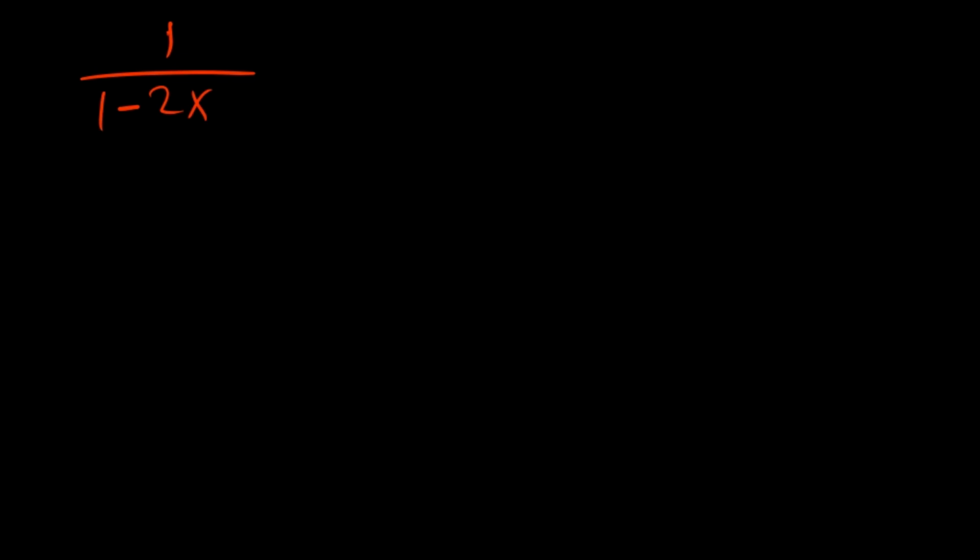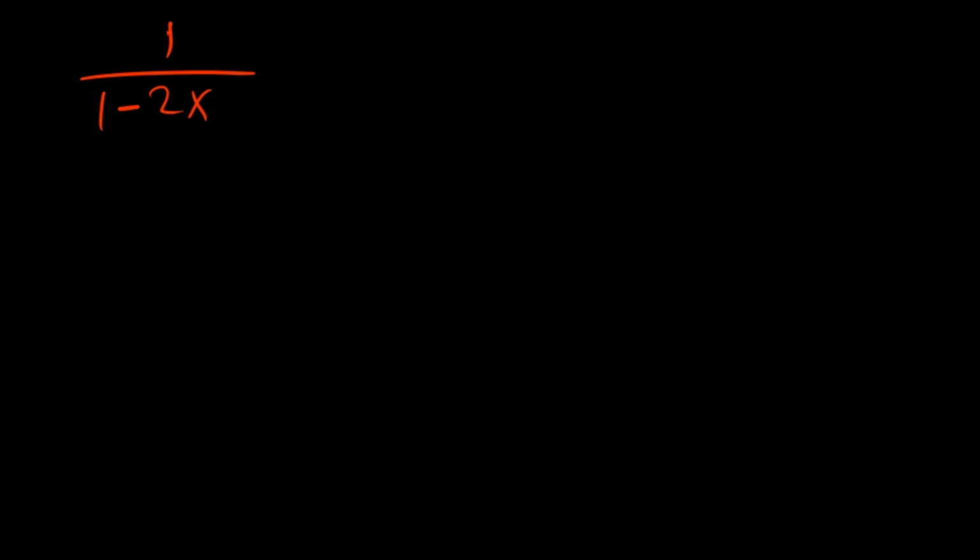Let me read the question for you again. Use binomial expansion to express 1 over 1 minus 2x as a series up to and including the term x to the power 3, and state the range of the values of x for which the expression is valid.